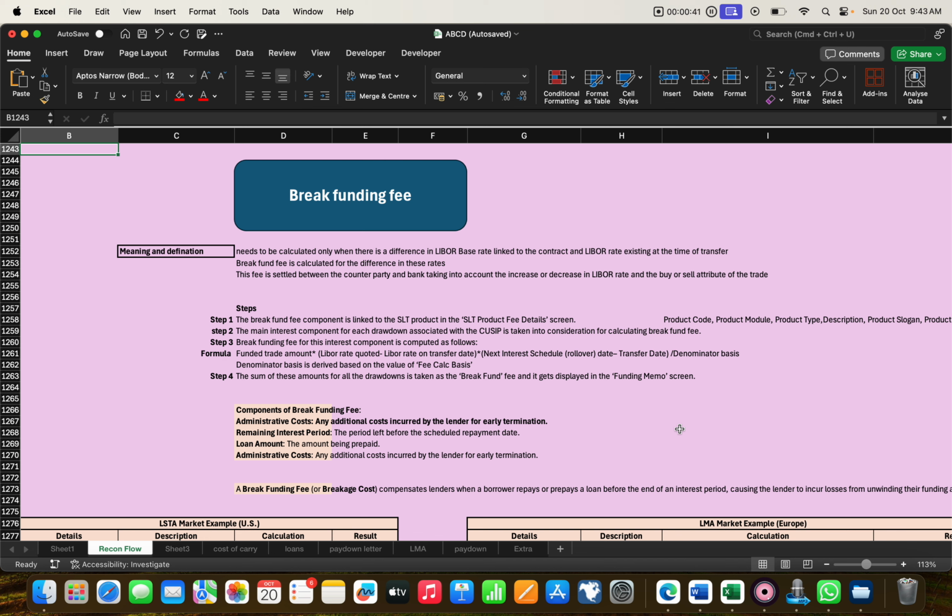Okay, so we go with the first meaning and definition. It needs to be calculated only when there is a difference between the LIBOR base rate linked to the contract and the LIBOR rate existing at the time of a transfer. Simply, when the contract has been signed, there is a base rate. For example, take an FX rate like USD euro.